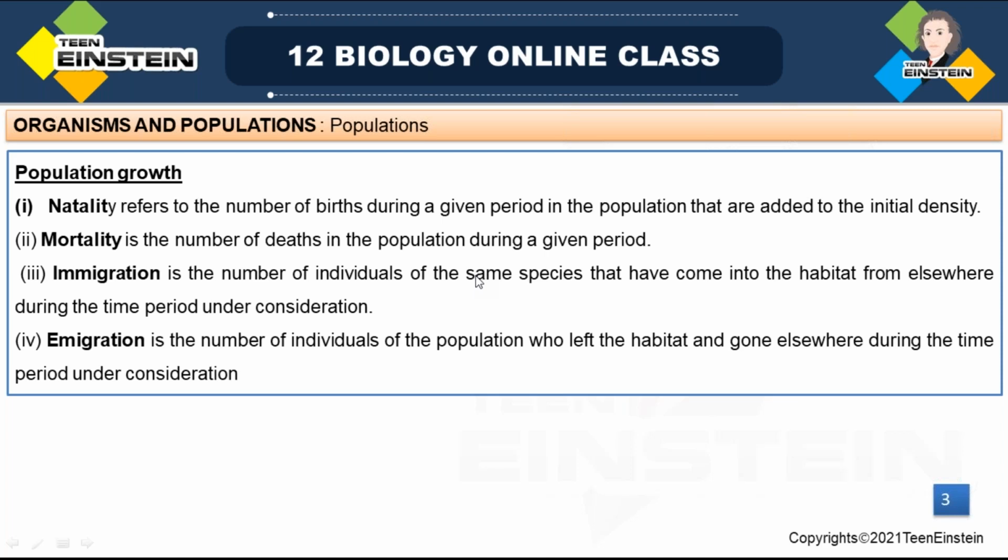So immigration is the number of individuals of the same species that have come into the habitat from elsewhere during the time period under consideration. At a particular point of time, the number of individuals belonging to the same species becomes more. So at that particular period, the population is growing, which shows the growth of the population at the considered time.